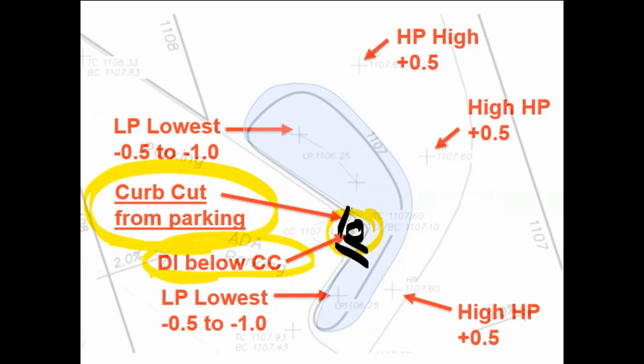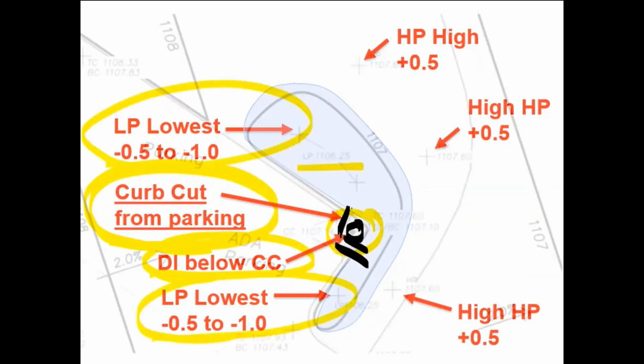I would then advise that you set your low points. Those low points need to be at least half a foot to 1 foot below the curb cut. So the elevations that we're giving here are all in reference to the original curb cut. Once you have that curb cut, you can then determine the elevations for everything else.